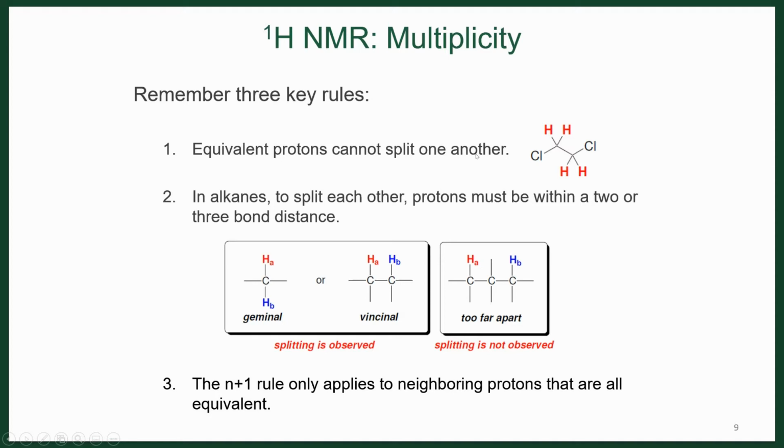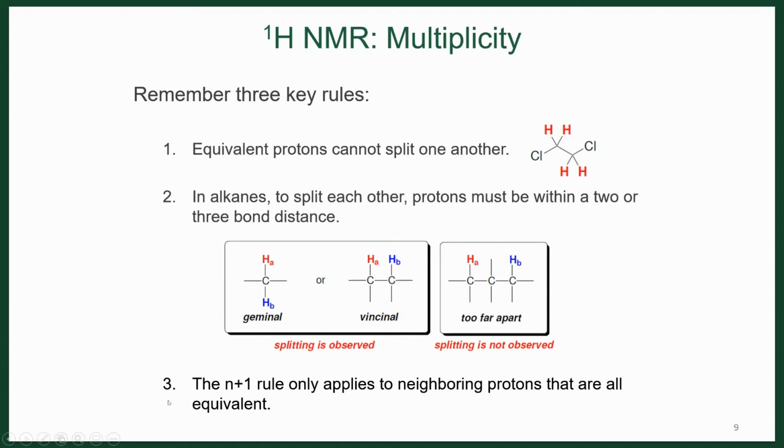In general, for sp3 hybridized systems, we can only have splitting when things are vicinal, or on adjacent carbon atoms. Once the hydrogens are multiple carbons away, the coupling values are so small that we can't pick them up on our system here, so we typically do not see those types of systems.